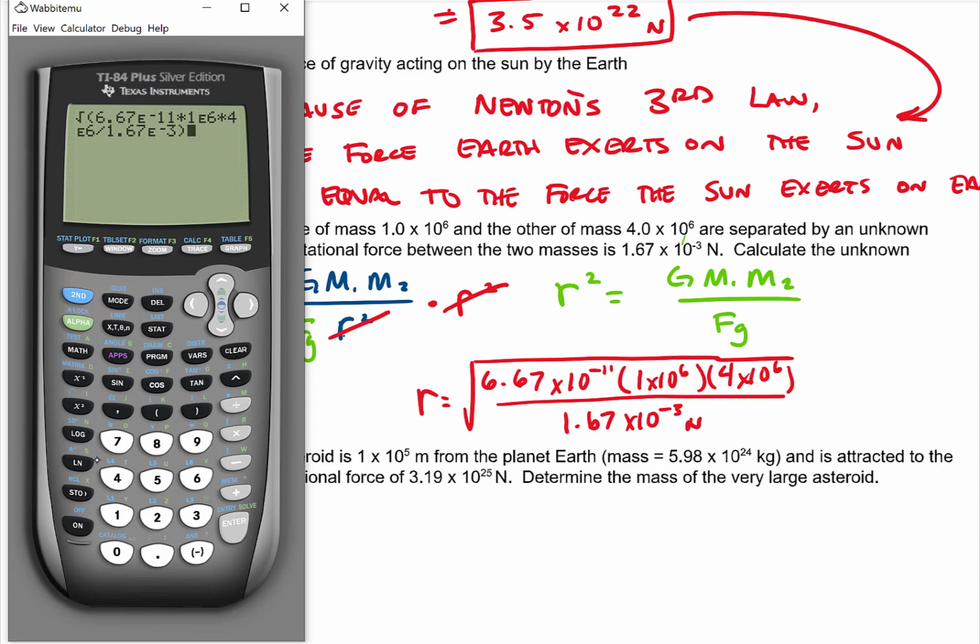That's exactly what we have there. It's easier to do it all at once. Please do it this way in your calculator. And when we come out to that, we get 399.7 meters away.